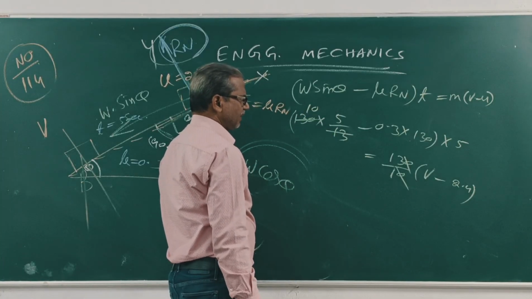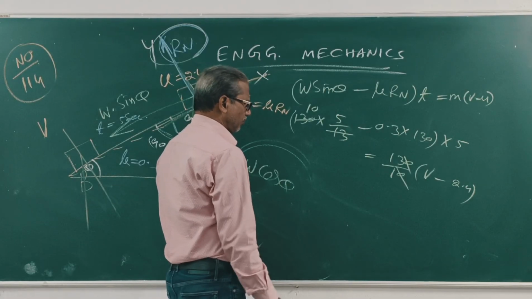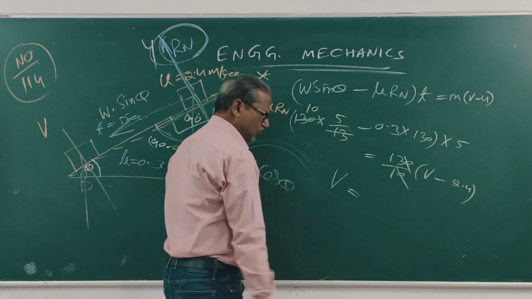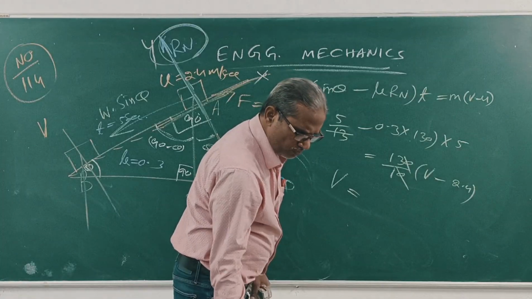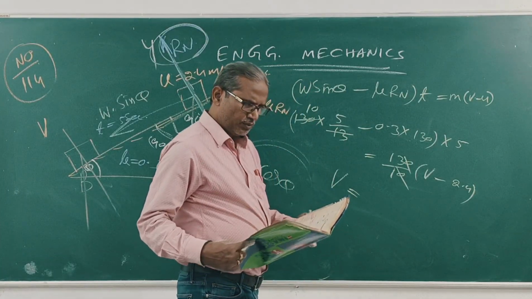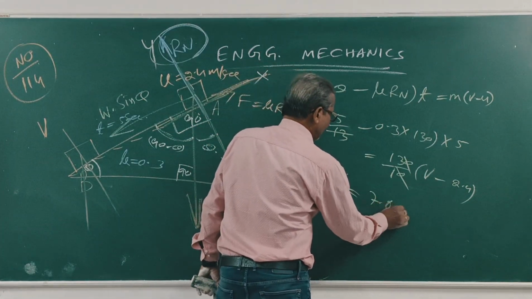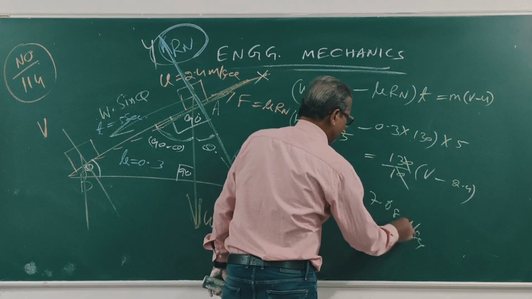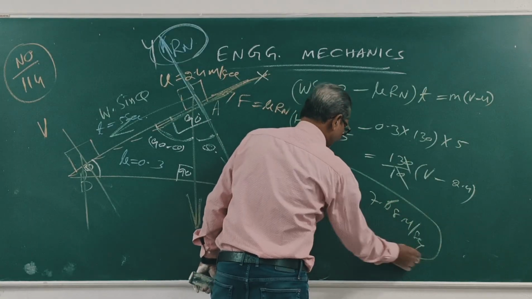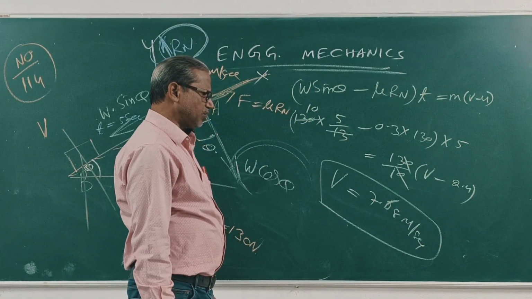Right? Now using the calculator, solve the problem. Now v is equal to 7.68 meter per second. Right? v is equal to 7.68 meter per second.